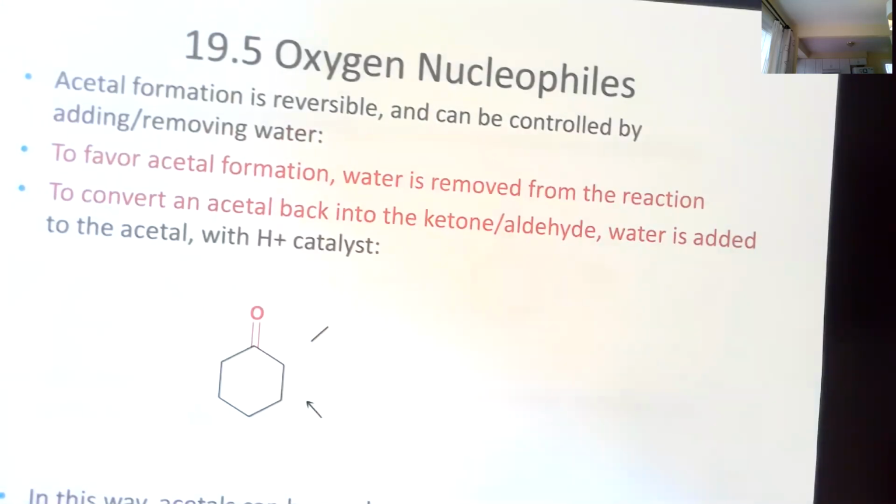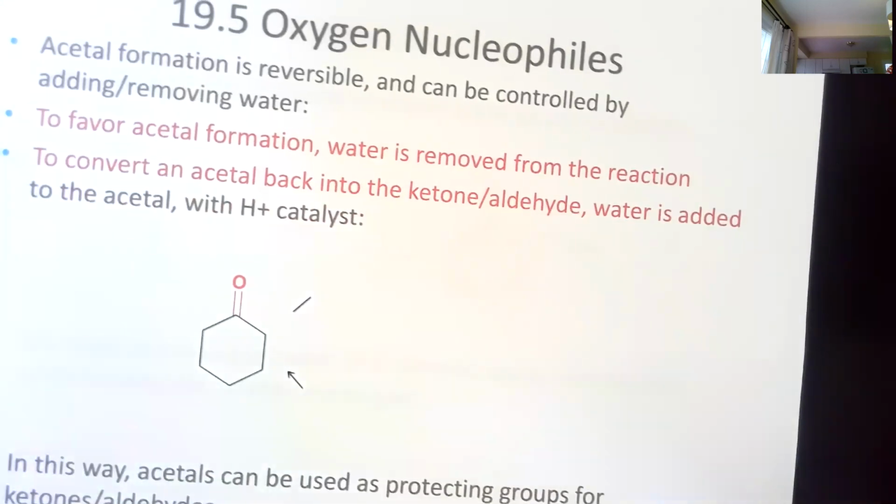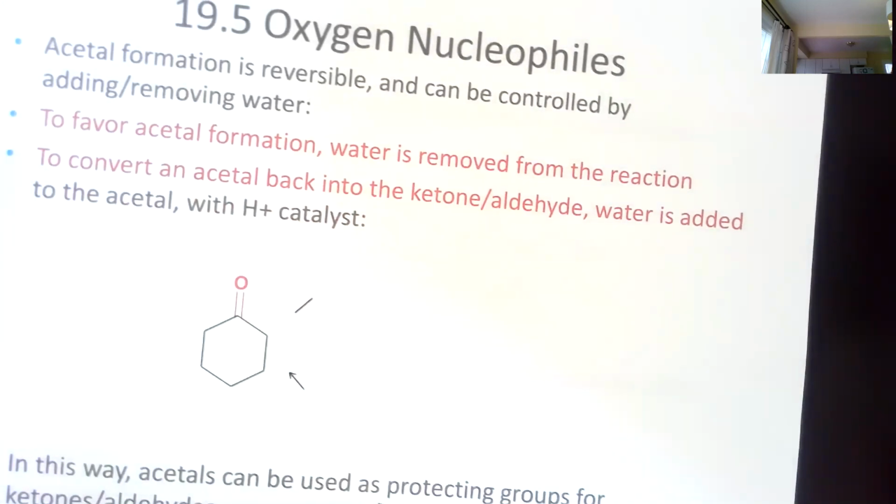Okay, so what is this all about? Okay. So here we are talking about how it acts as a protecting group. Okay, same as blocking when needed.